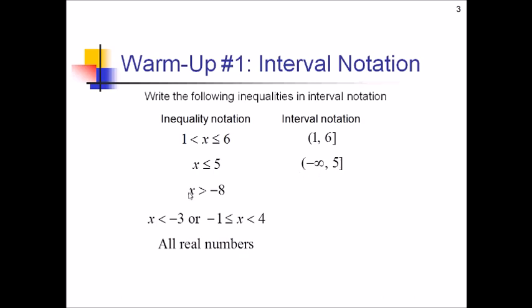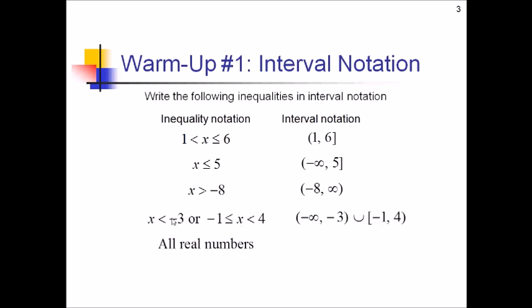For the next one, it's kind of the same deal. Now we're going from negative 8 with a parentheses, comma, positive infinity because we're going to the far right, which, you just keep going. For this next one, we've got negative infinity, comma, negative 3 in a parentheses. Or, so instead of writing or, to do this fancy in interval notation, we put a U, bracket negative 1, comma 4.